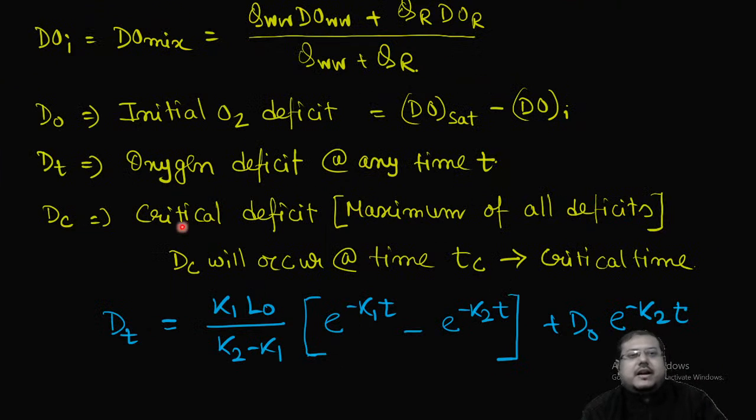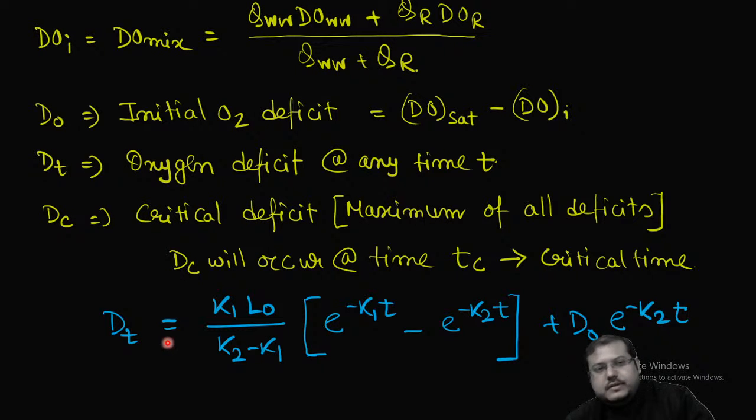Dc is called the critical deficit, maximum of all deficits, and Dc will occur at time tc, which is called the critical time. Is that clear?